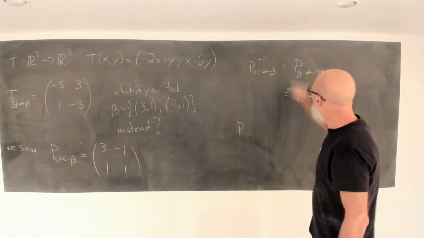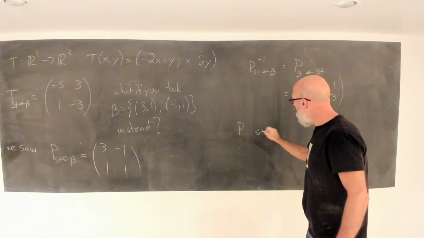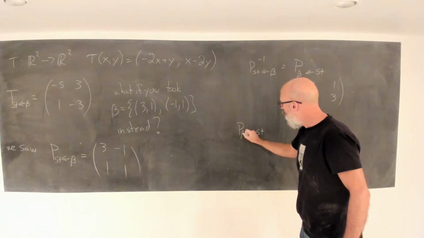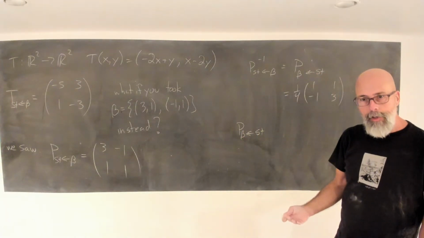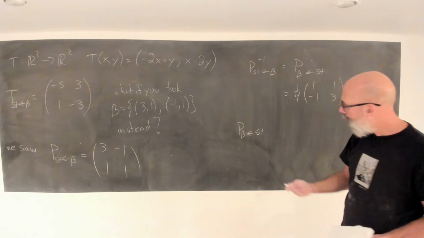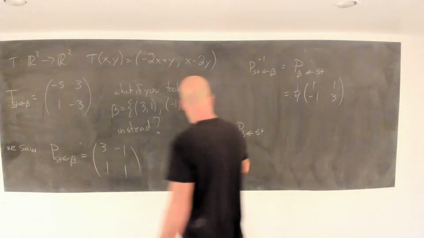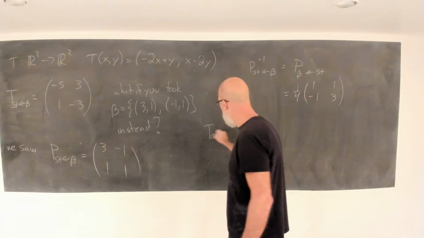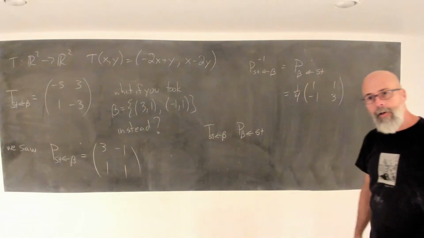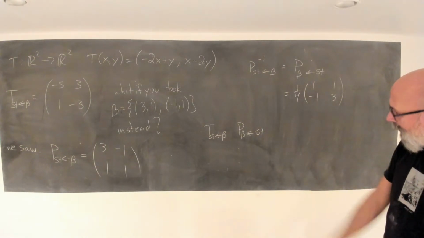If you rewrite it in the basis B, still the same element, it's just rewritten differently. You're going to act on it by T, which takes elements in B and spits out the answer in standard form.